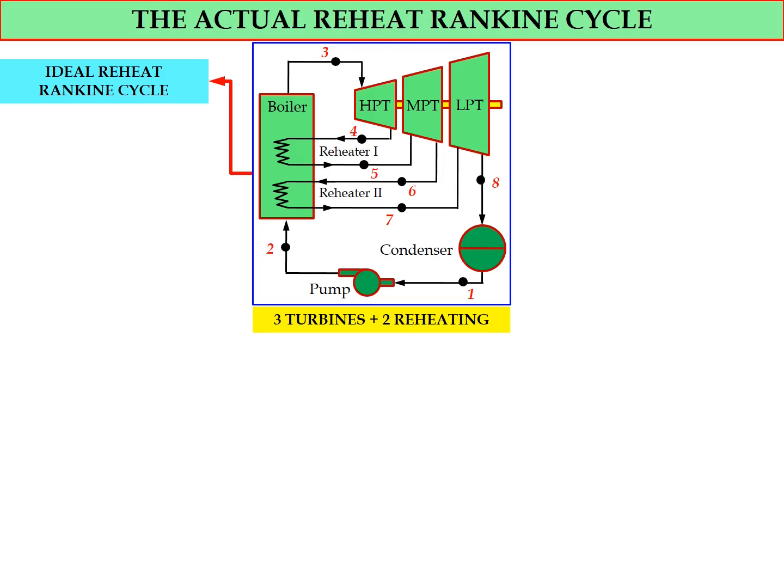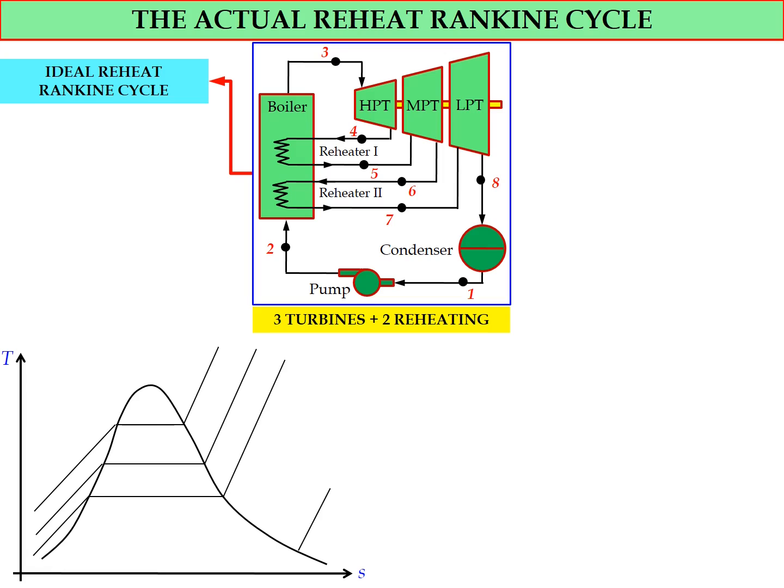Let's say we first consider the ideal reheat Rankine cycle in order to make a comparison with the actual reheat Rankine cycle. If we draw the TS diagram, we will have this kind of TS diagram from state number 1 to state number 8. Here we can see that we will have 4 constant pressure lines involved.